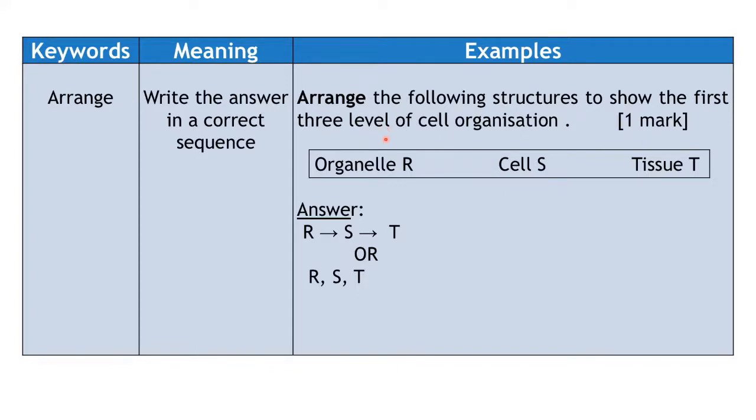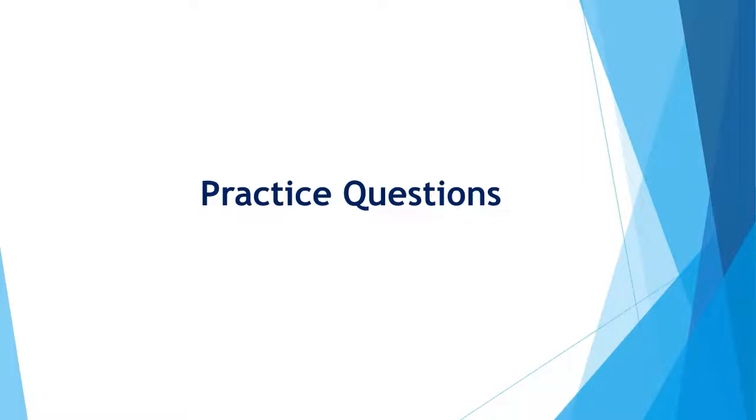To state the answer for the first 3 levels of cell organization, you need to write the answers in a correct sequence, which is in ascending order, from organelle R to organelle S to tissue T. So you can use an arrow to show the answer in ascending order, or you can use commas to state the answers in correct sequence. The next session will be the practice question on certain subtopic.